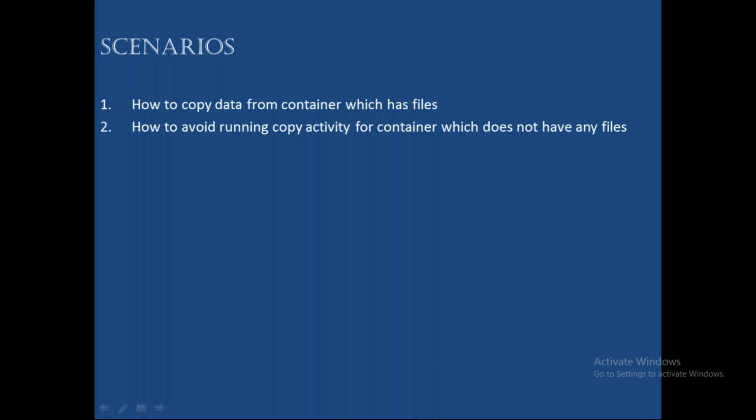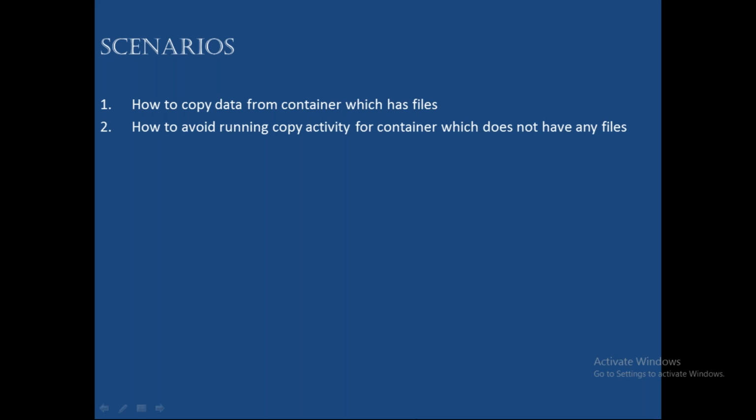Let's see now the scenarios. For the first scenario, you can see here how to copy data from a container which has files. Let's say I have an input container. I will go and check if I have some files in the input container. I will just copy it. That's all. The second scenario is how to avoid running the copy activity for a container which does not have any files.